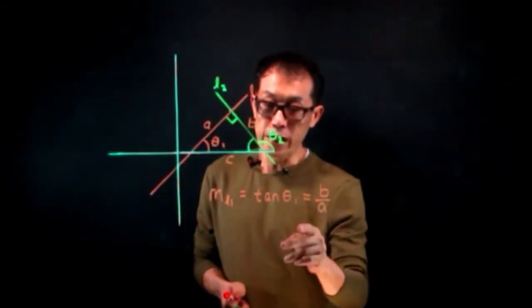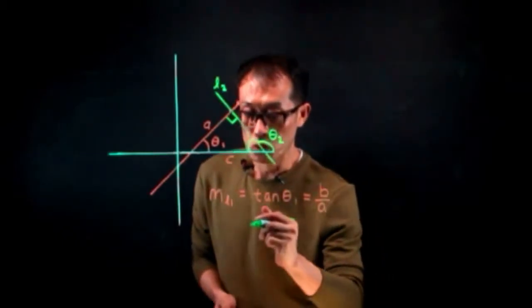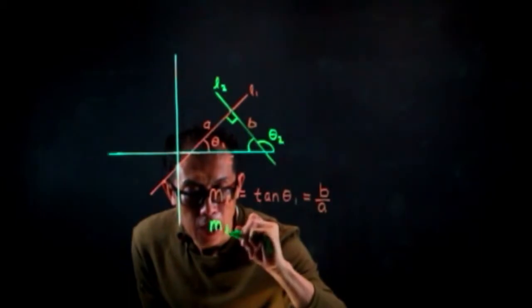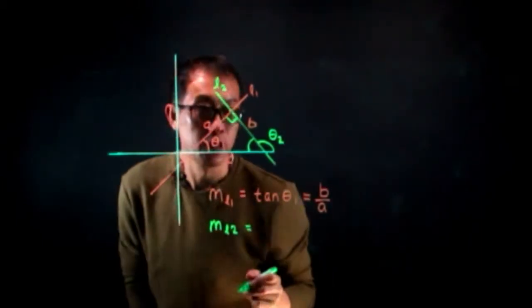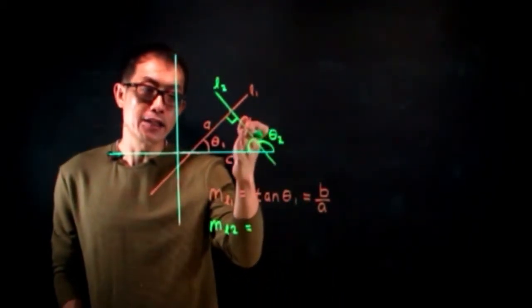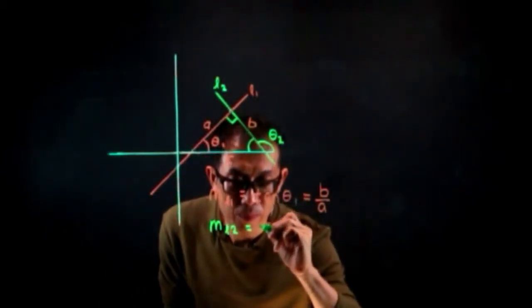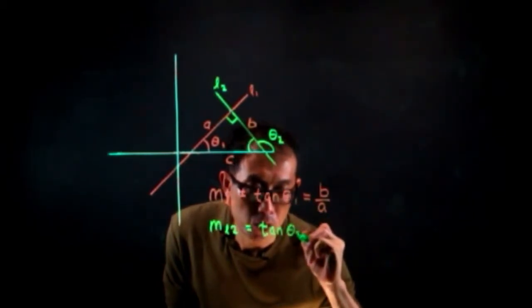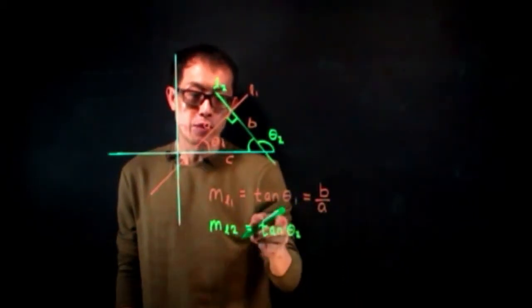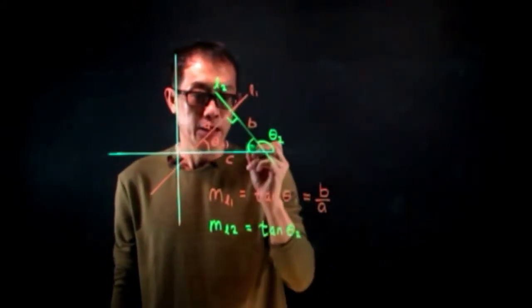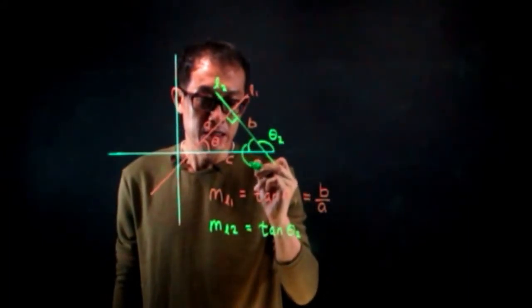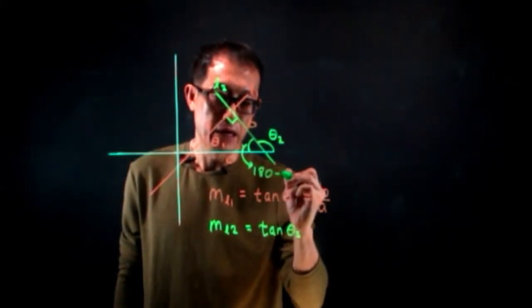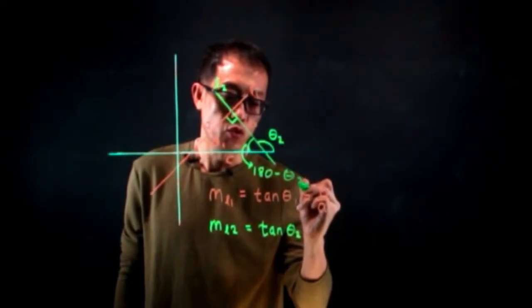Now, let's find the gradient of L2. Let's call the gradient of L2 M L2. Now, this is given by tangent theta 2. Now, what is tangent theta 2? All right. Now, this angle here is 180 minus theta 2.